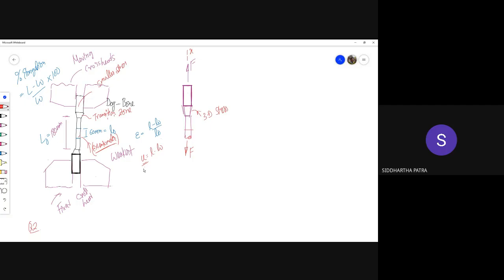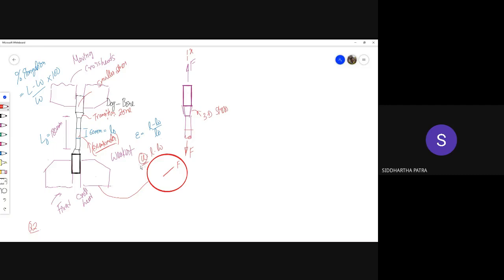So let's say this fixed crosshead right here. There is some sensor attached to it, which would show the amount of force. There is a dial and an indicator that shows the amount of force that you are applying in order to cause so and so deflection.